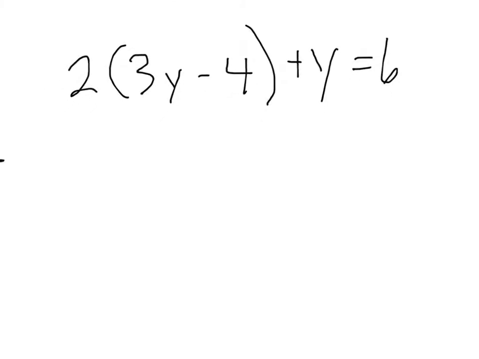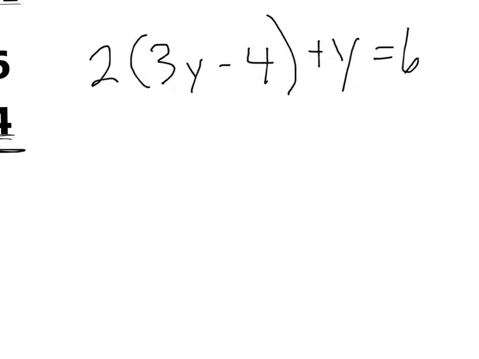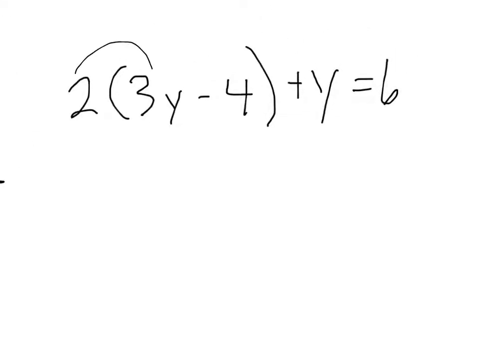All right, so now we got to go through and do our distribution. So I'm going to multiply everything on the outside by everything on the inside. Okay, so 2 times 3y will give us 6y, and 2 times minus 4 will give us negative 8, and then continue our equation.